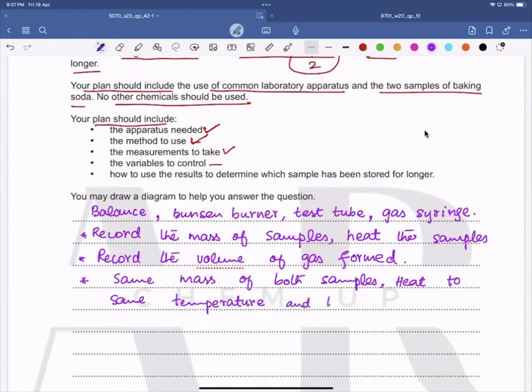And heat till no further change is observed or the reaction is finished. So any other thing that we have to control? Yeah, heat for the same amount of time. Zainab, if you are going to write this, you will be penalized because you didn't mention the stopwatch earlier.